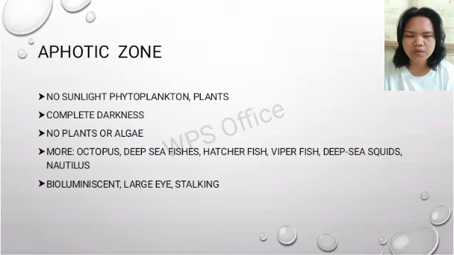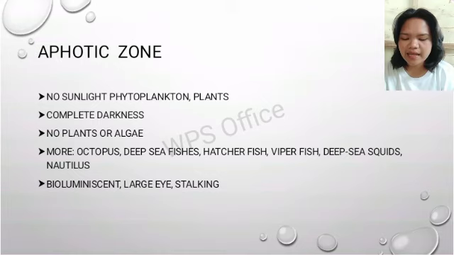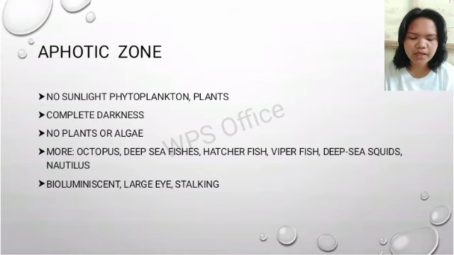Then, next is aphotic zone. An aphotic zone is the region of perpetual darkness that lies beneath the photic zone and includes most of the ocean waters. So it means no sunlight, phytoplankton, and plants.